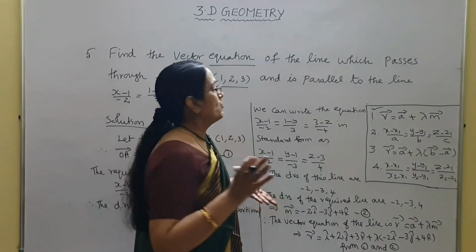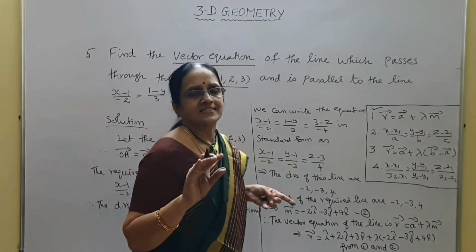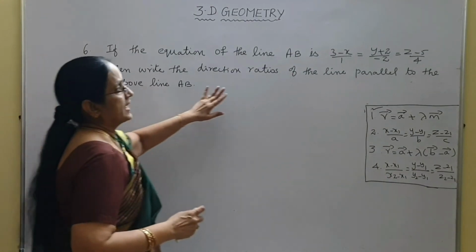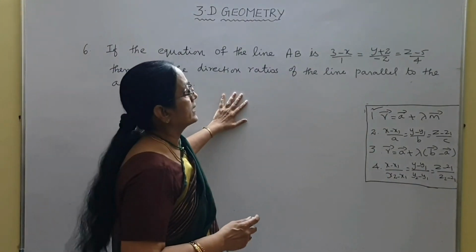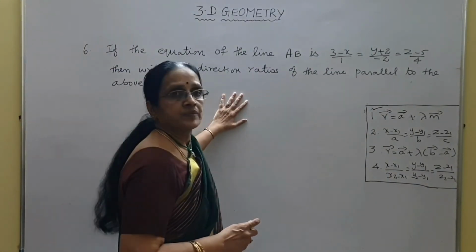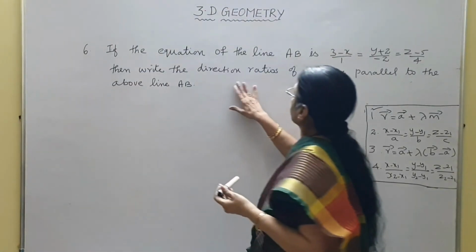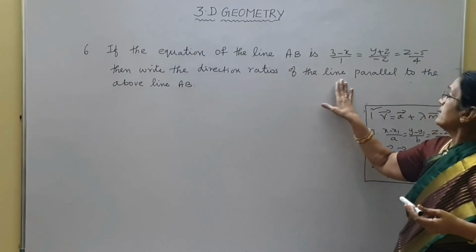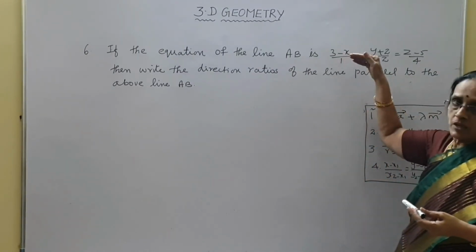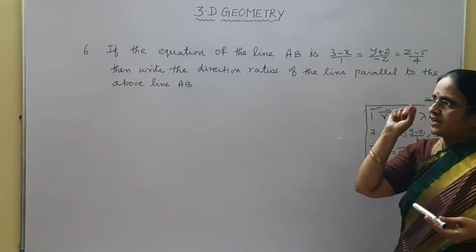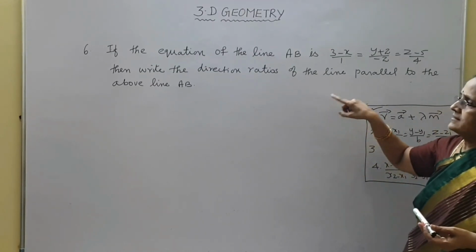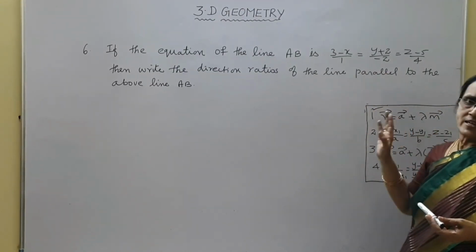Now, we'll move on to question number 6. If the equation of the line AB is (3 minus x)/1 equal to (y plus 2)/(minus 2) equal to (z minus 5)/4, then write the direction ratios of the line parallel to the above line AB. That means you need to write the DRs of the line parallel to this particular line.